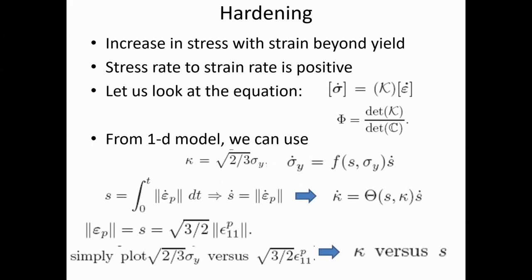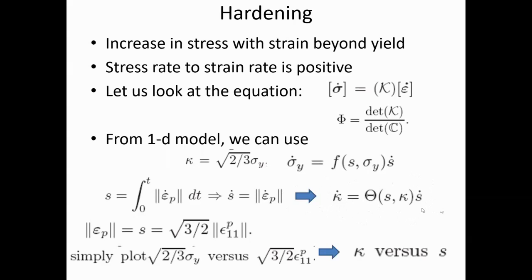How do I write sigma y dot? It is root 3 by 2 kappa dot. So it lets me write in this form. Kappa dot is equal to this, which is exactly the same thing that we did in lumped parameter.